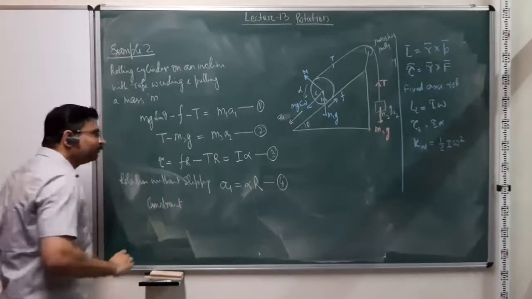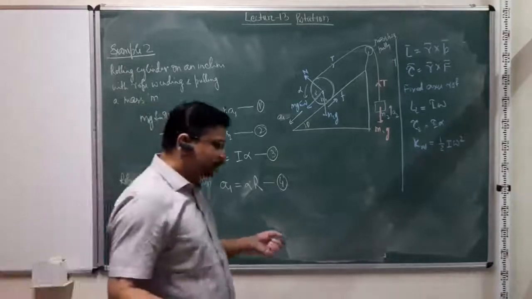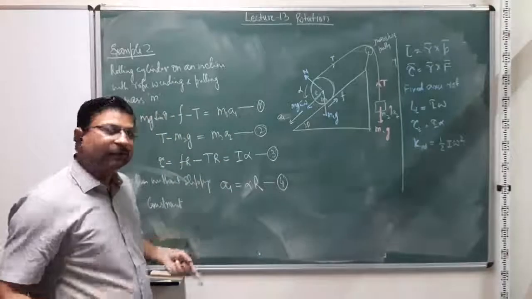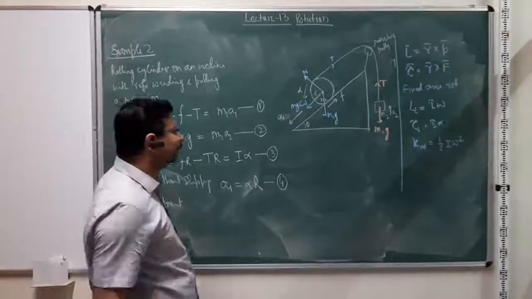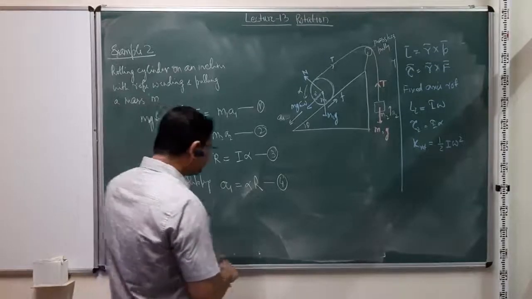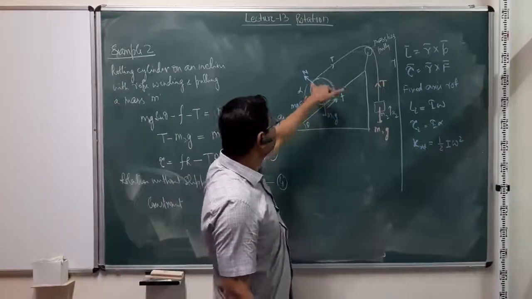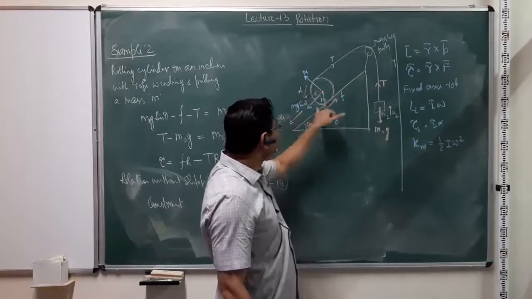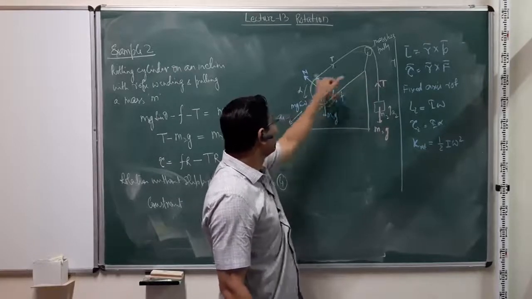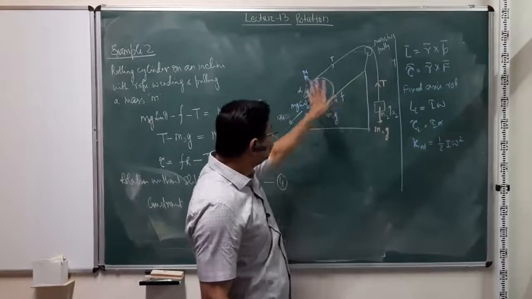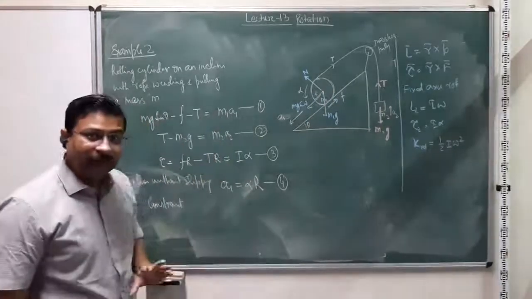So in the last example we saw that the constraint was that since the two masses are connected by the same string, then their acceleration have to be same. Now here, of course, the masses are connected by the same string, but there is a motion of the string in the sense that the string winds around this drum, so they can have different accelerations, right?